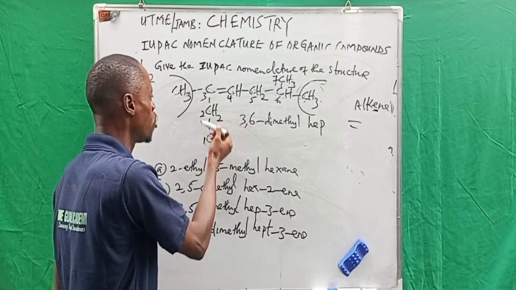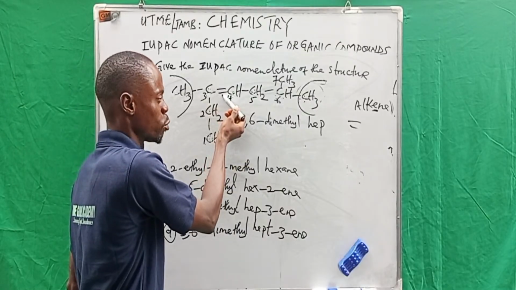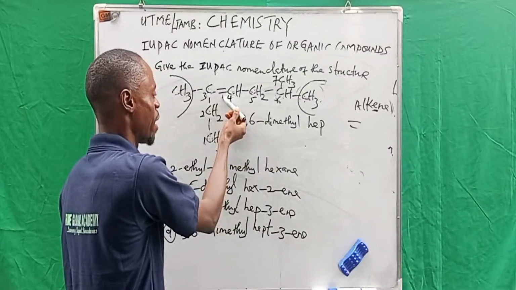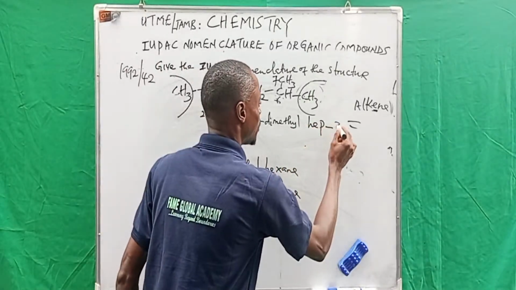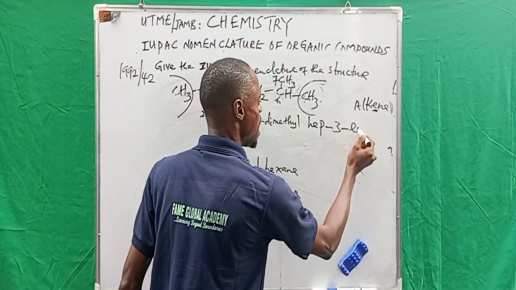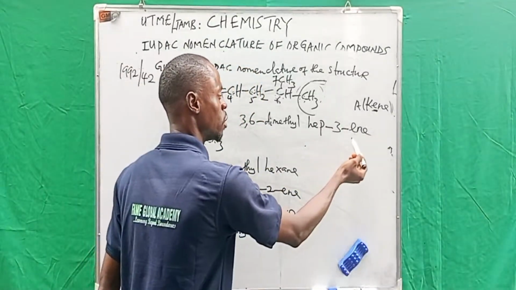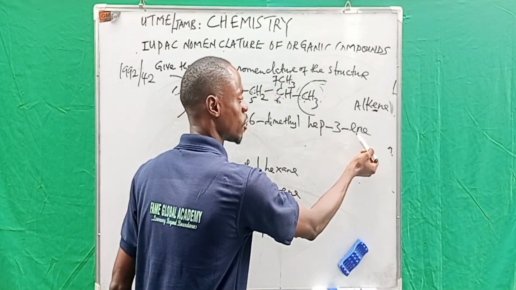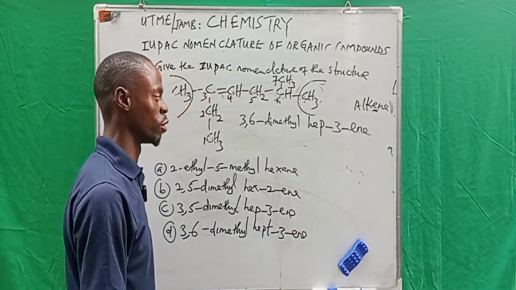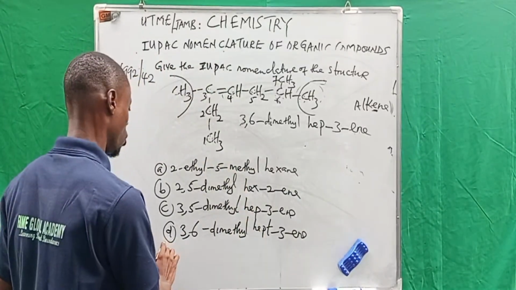We have 1, 2, 3. At carbon atom 3, we have the double bond functional group. So you name accordingly and apply it. You now say hept-3-ene, because the functional group is at carbon atom 3, and ene is the suffix for the double bond, which is peculiar to the alkene family. So the correct answer to this structure is option D.